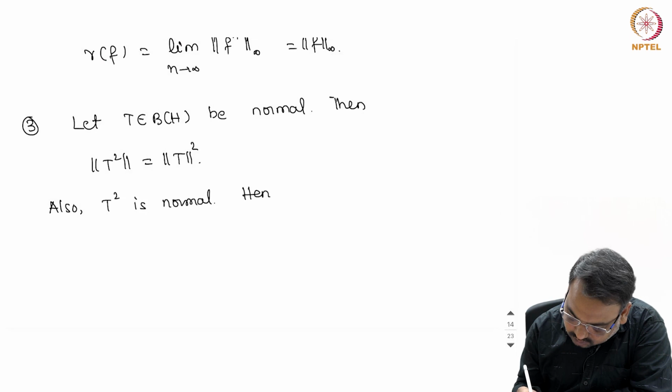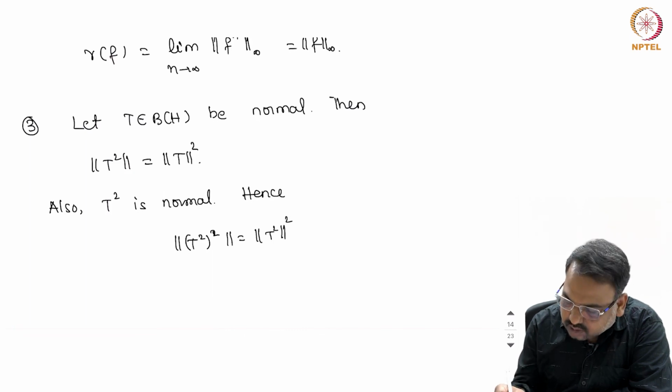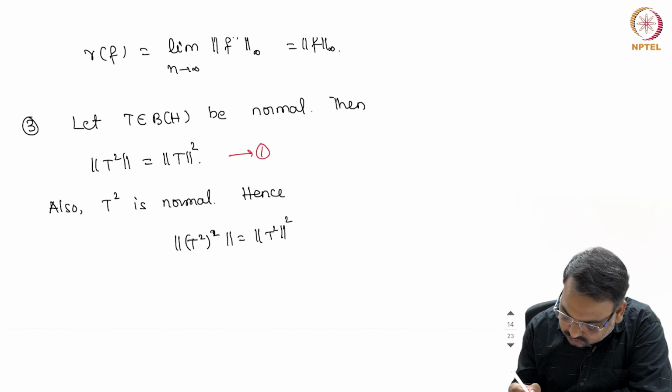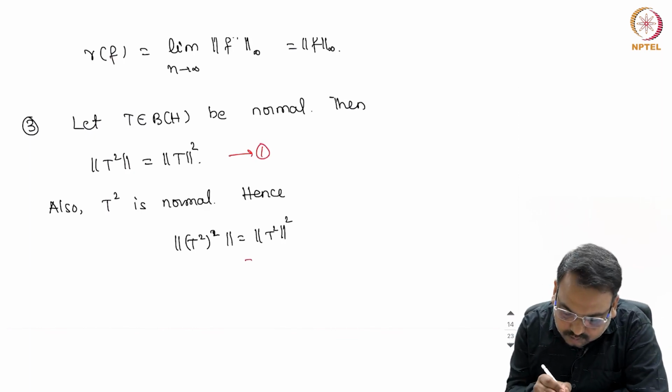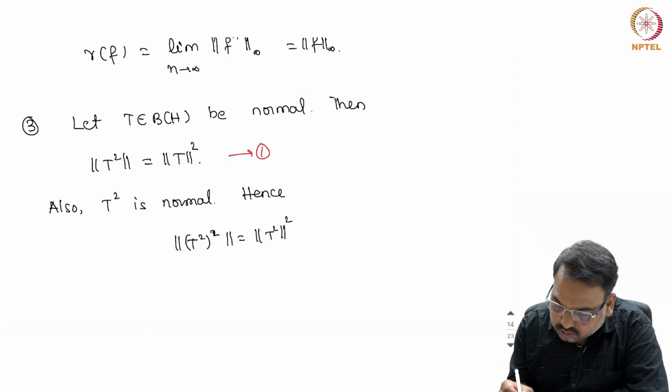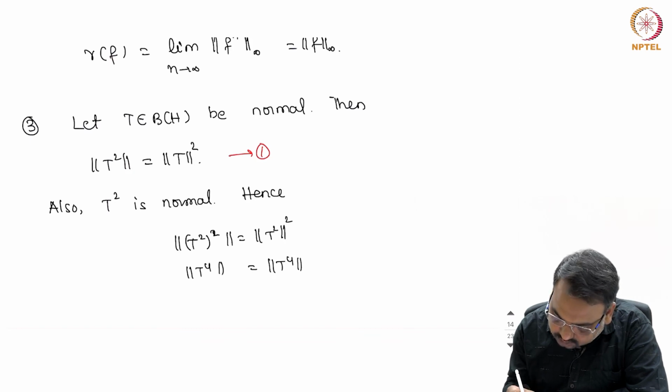So hence we can again, using the same formula, get norm of (T^2)^2 is norm T^2 whole squared. So again we can show that norm T^4 is nothing but norm T whole power 4.